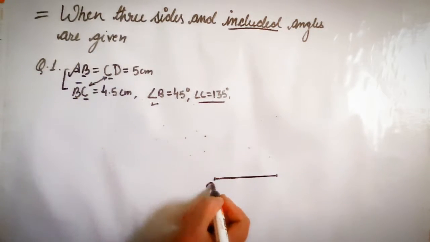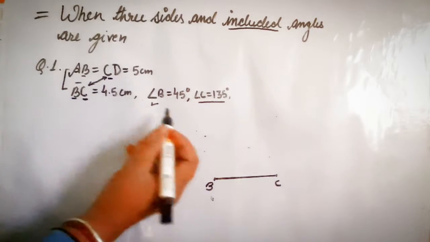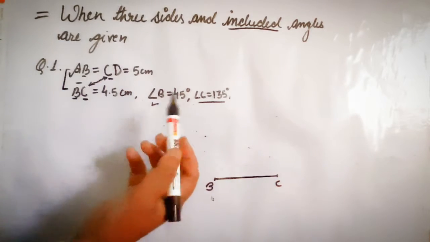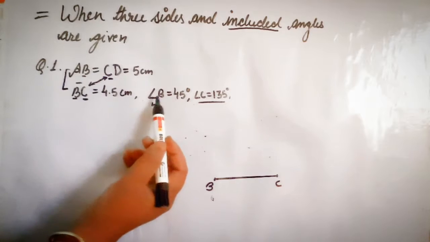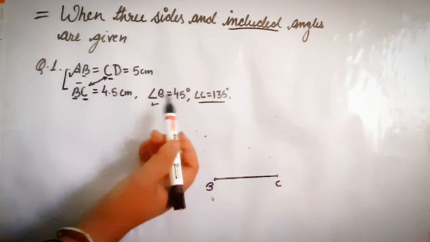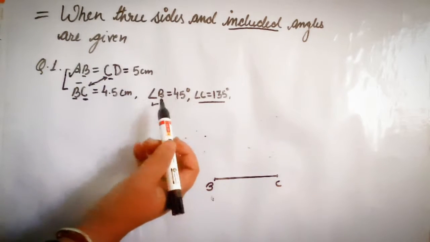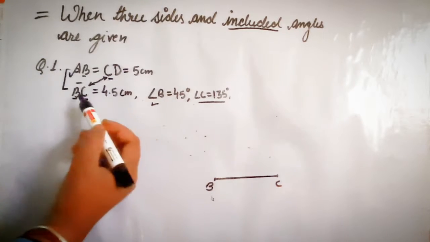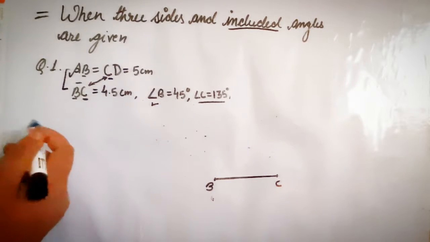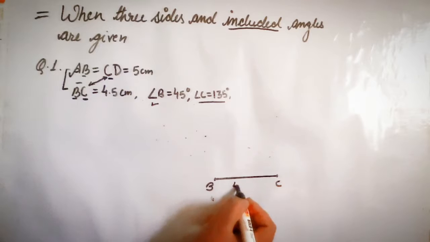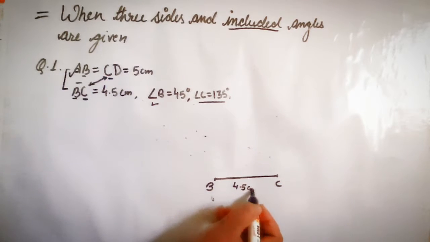This is BC. As I told you that angle B and angle C are given, so we have to start our construction from the common arm of these two angles, and that will be BC. Okay, so BC is given equal to 4.5 centimeter.